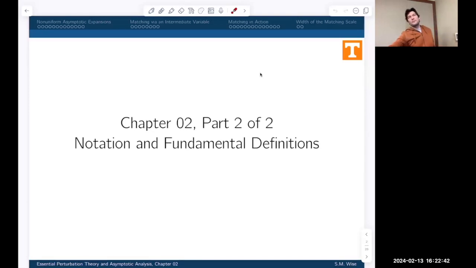In chapter 1, we motivated this by looking at a boundary layer problem, an ordinary differential equation or boundary value problem where the solution exhibits what's called a boundary layer. We're not going to think about this as a solution to an ordinary differential equation in this section. We're just going to take the function that we generated and analyze the heck out of it and try to understand what's going on with that particular function.